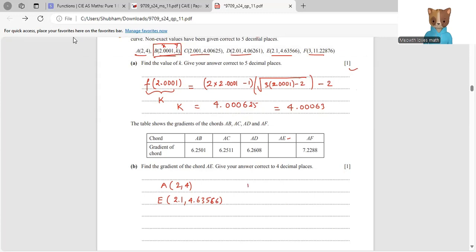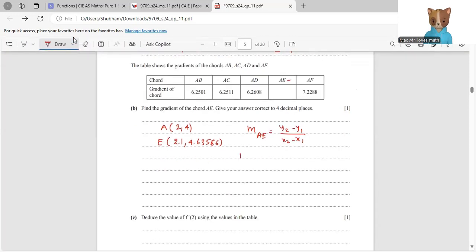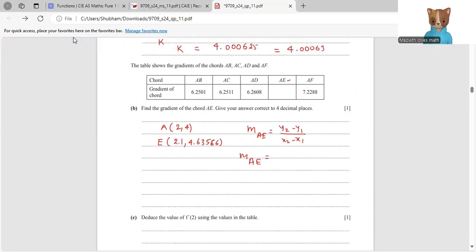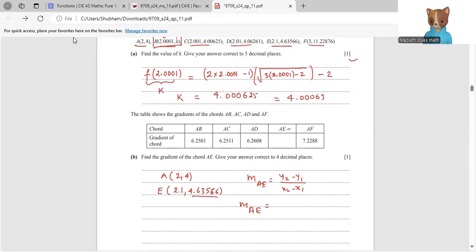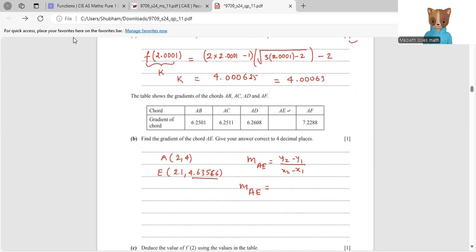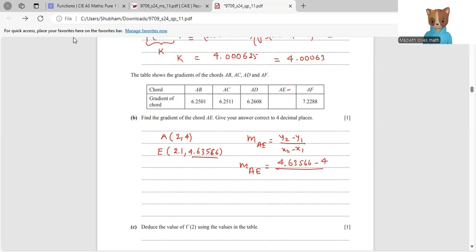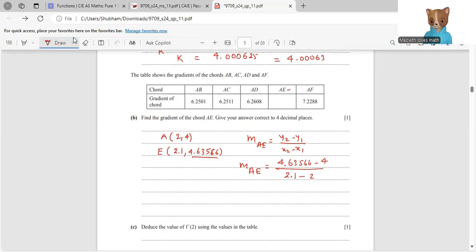So what is the gradient? MAE. I should rather write it as y2 minus y1 over x2 minus x1. We can write like this. And therefore, this is my y2 value. Let me quickly recheck it. 4.63566. So I will write here 4.63566 minus 4 over x2 minus x1, right?